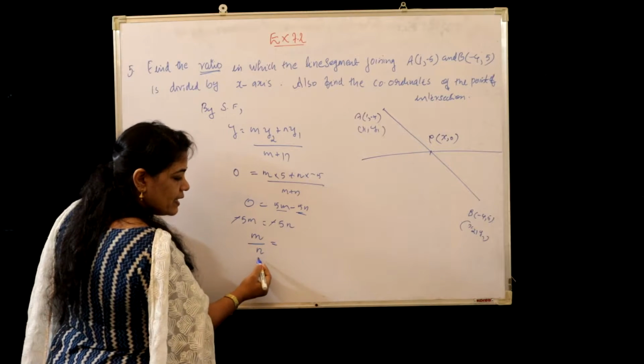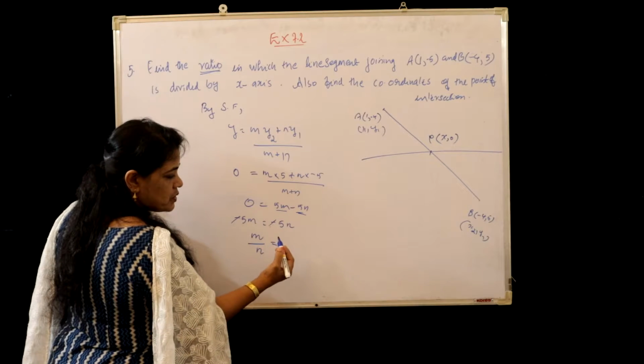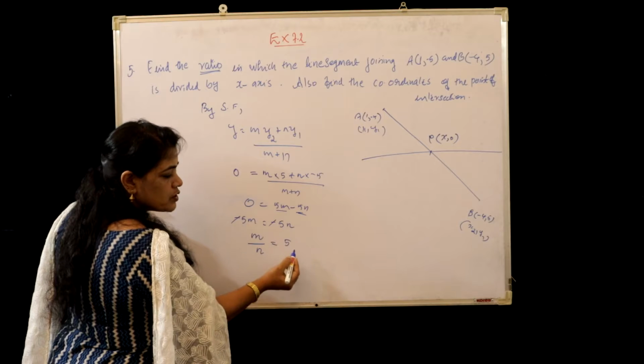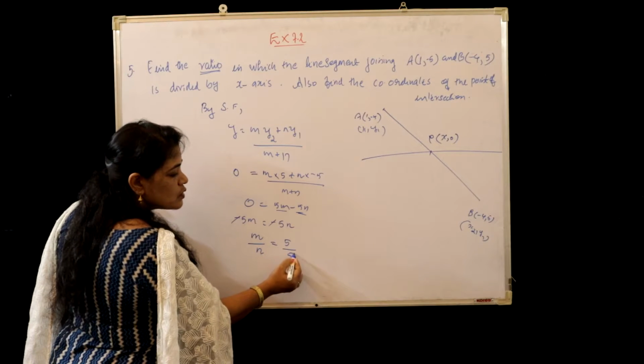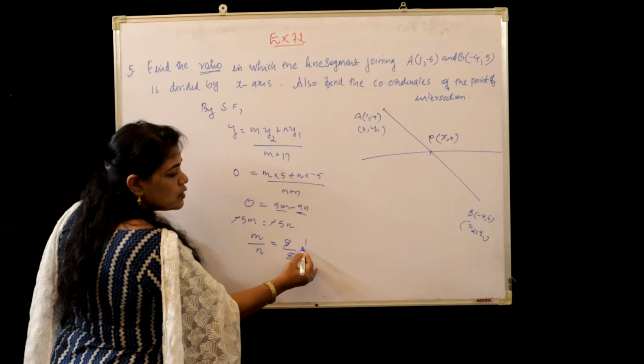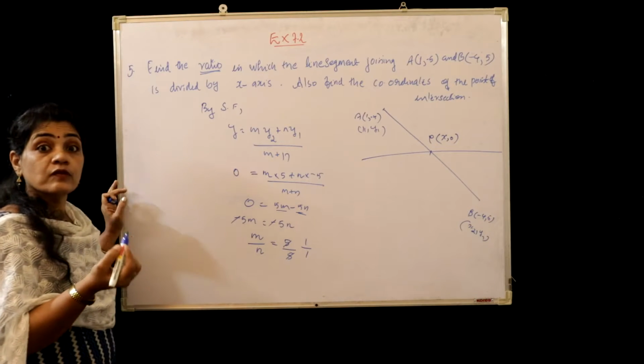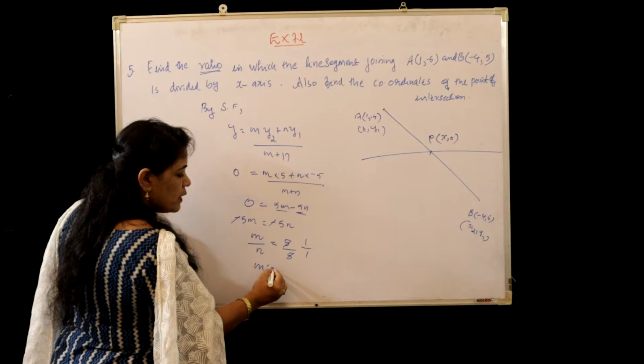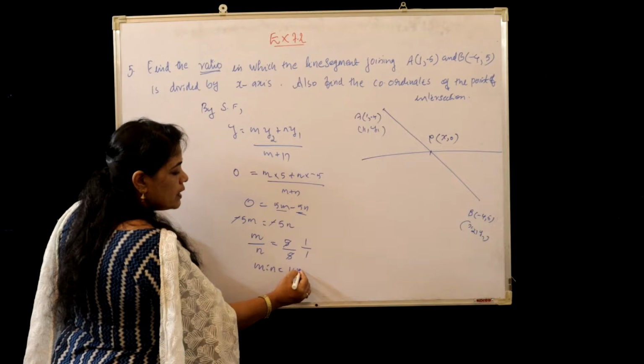So n should be taken to the LHS under division. So 5 is there, and the coefficient of m comes to the denominator. So 5 by 5 is 1, so you have to write 1 by 1, because we need the ratio. So m is to n equal to 1 is to 1.